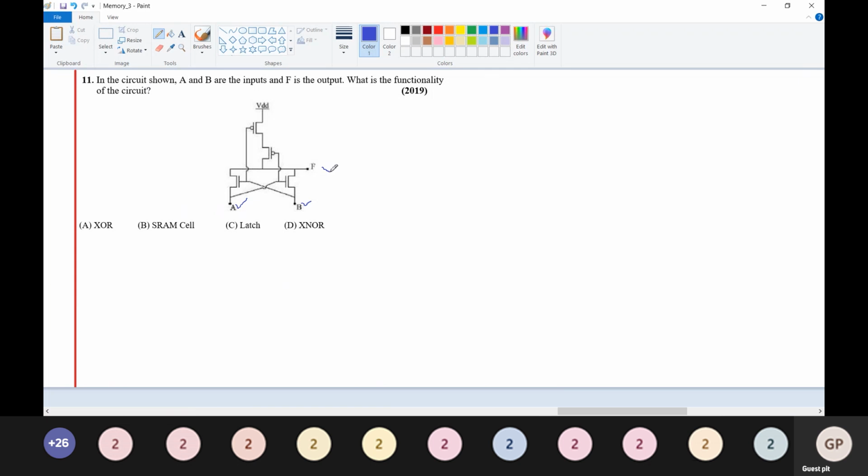In order to find the answer, if you see, input B is connected to a transistor. I will label the transistors T1 and T2 for your understanding.